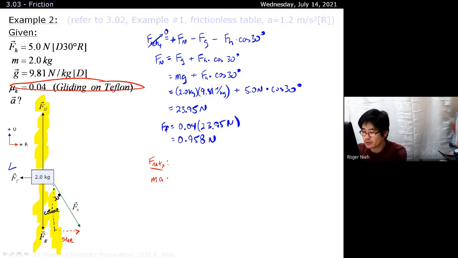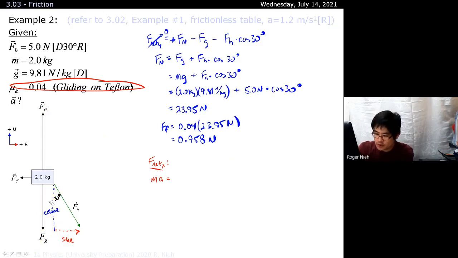That is true, so your first line could be this, and there's nothing wrong with this. MA is equal to all of your horizontal forces. Let's quickly see what our horizontal forces are, and there are only 2 of them. There's the force of friction on the left, and then there is this component of the hand, which is moving to the right.